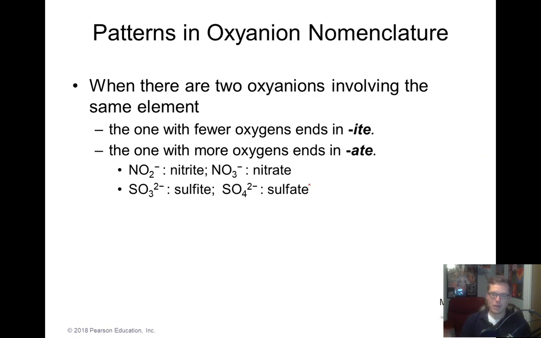Now we're going to move on to patterns. The oxyanions are ones where you have a nonmetal connected to oxygen, and you can have various numbers of oxygens connected to it. These are most common in the polyatomic ions that you have to memorize. When you have two possible oxyanions involving the same element, the one with fewer oxygens ends in "ite."